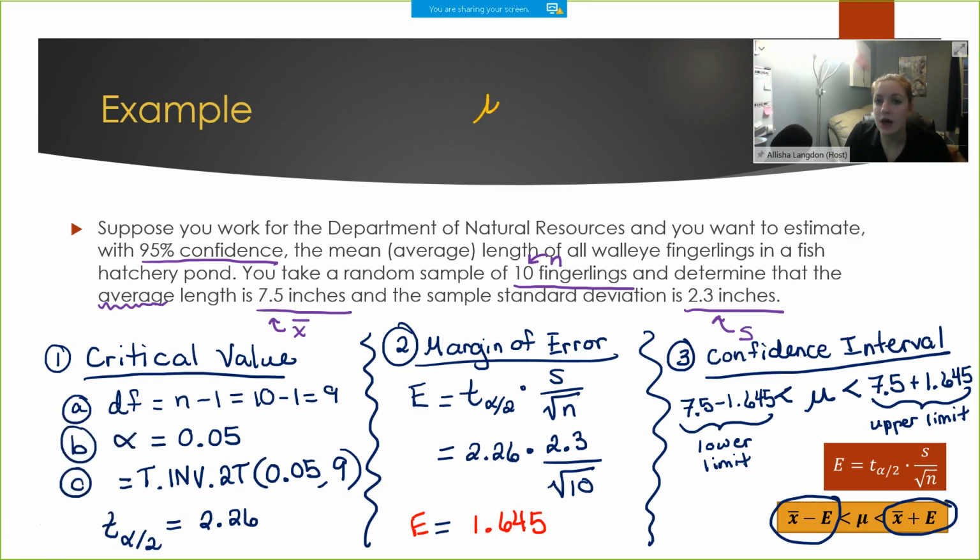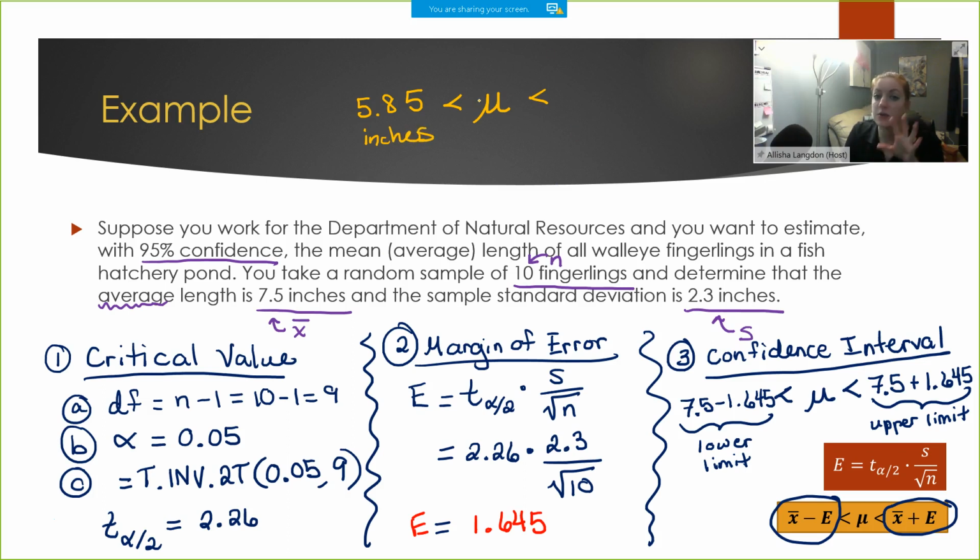That means our population mean, our population parameter here, is going to be between 5.85 inches.